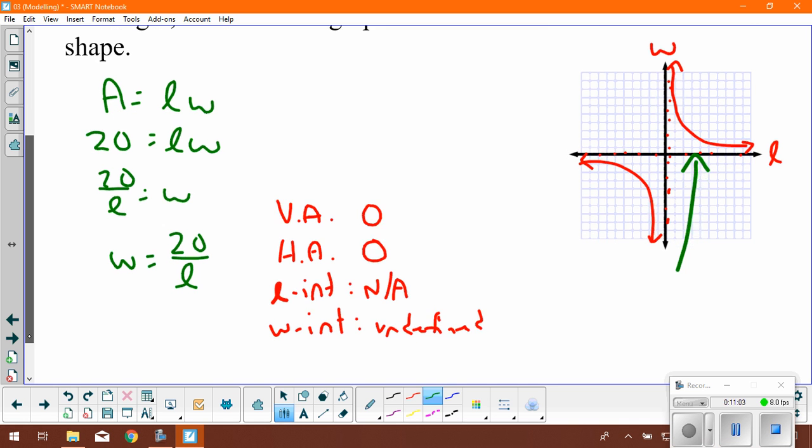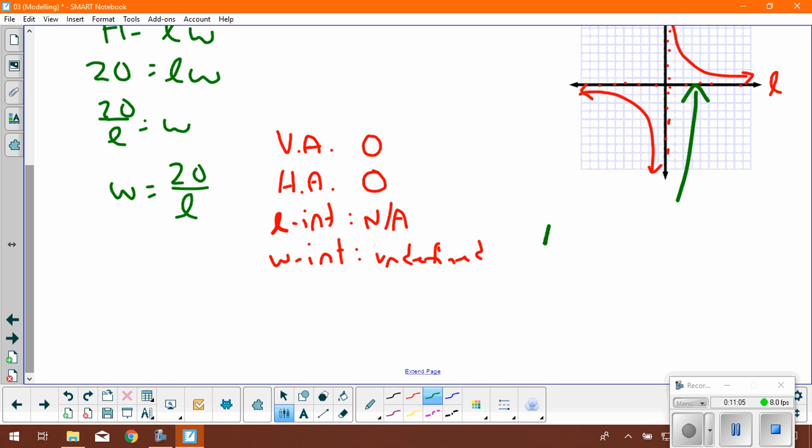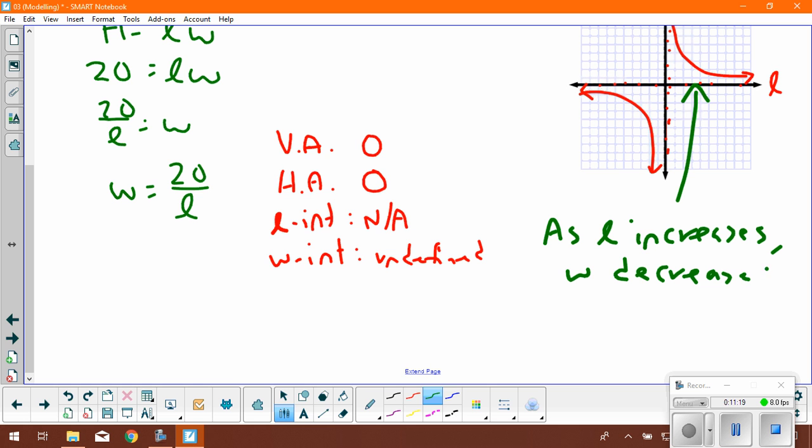So this is just reinforcing that idea that as length increases, W decreases, and approaches 0.